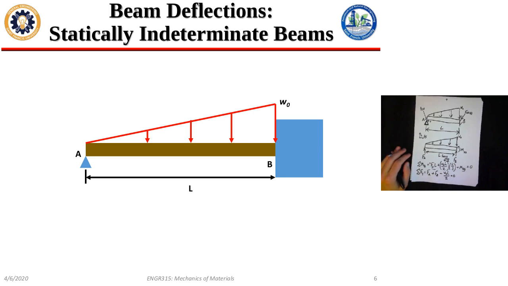The same as when we looked at statically indeterminate columns back in the days of thermal expansion, back in January and February, we're going to use deformation or deflections as our way of getting our third equation here as well. So let's play the game.